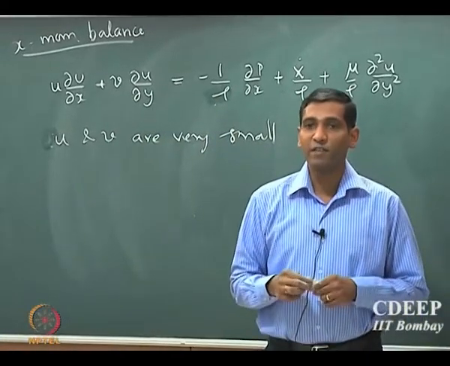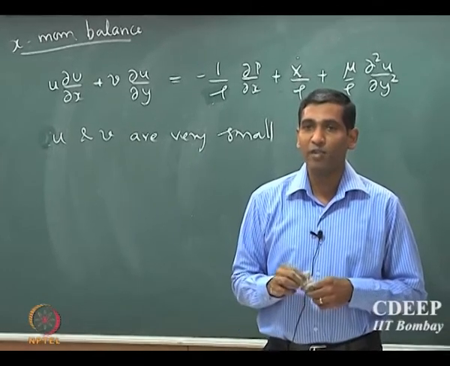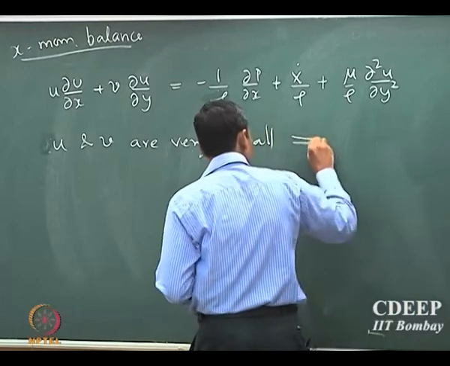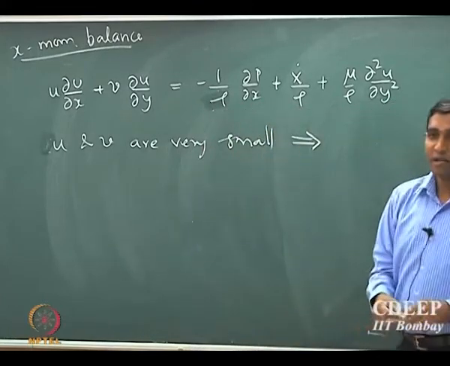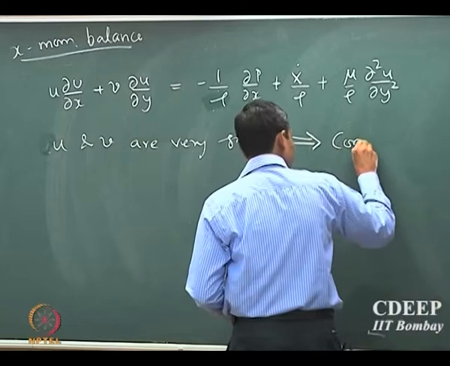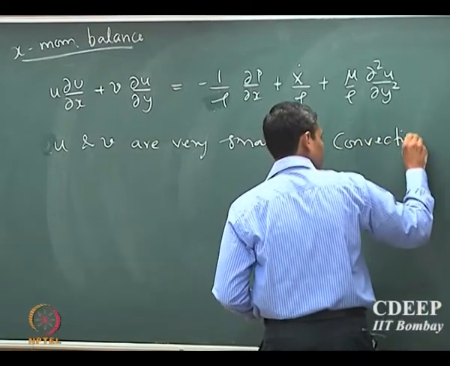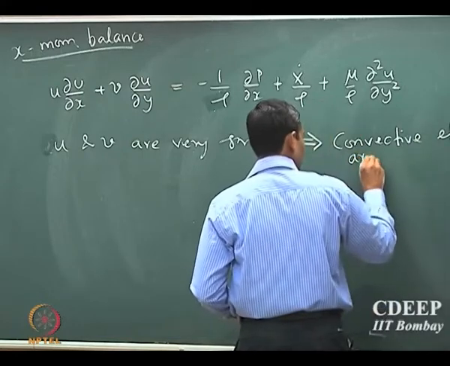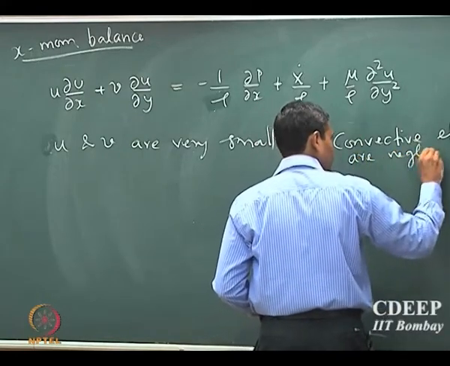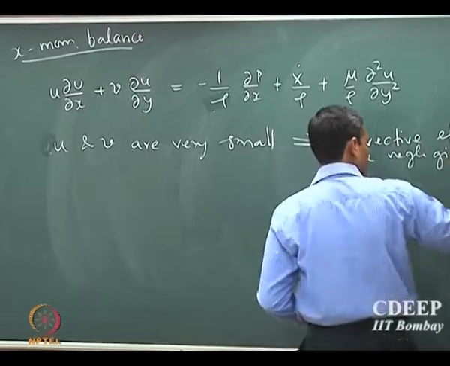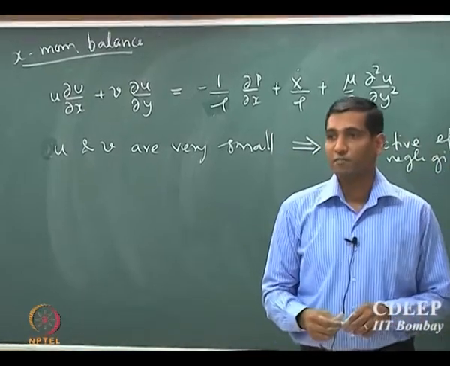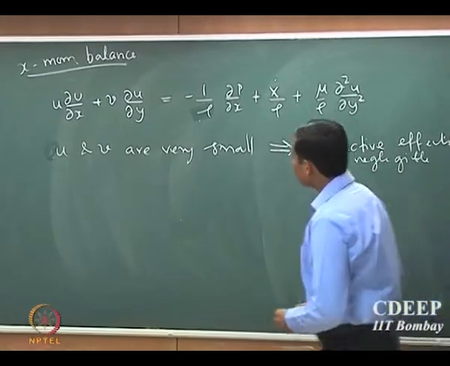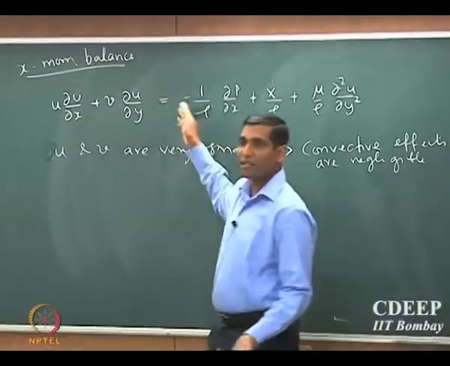The velocity of the fluid inside the boundary layer is very small, and therefore the convective effects are negligible.